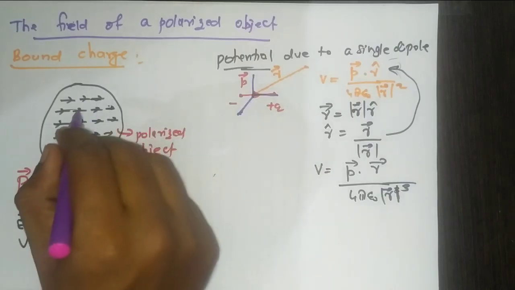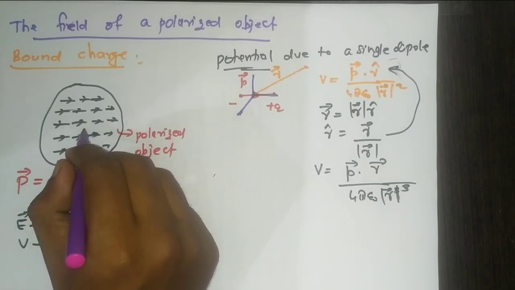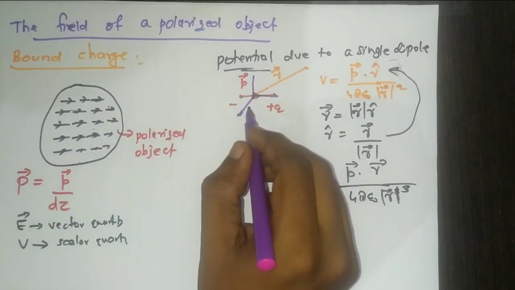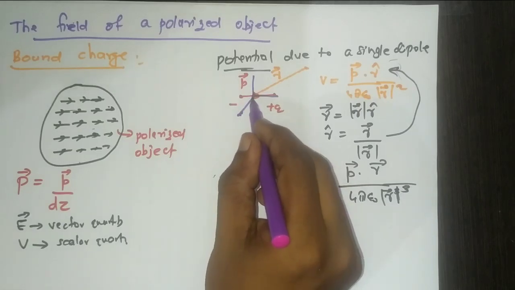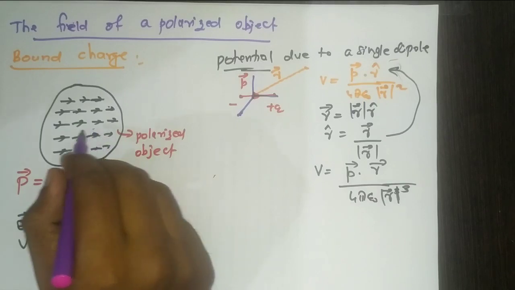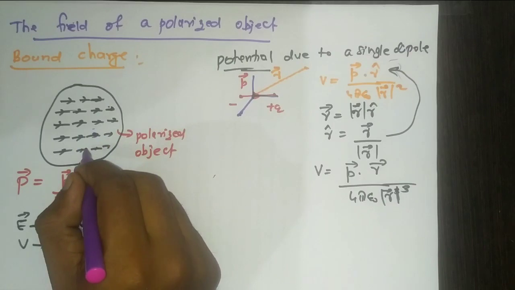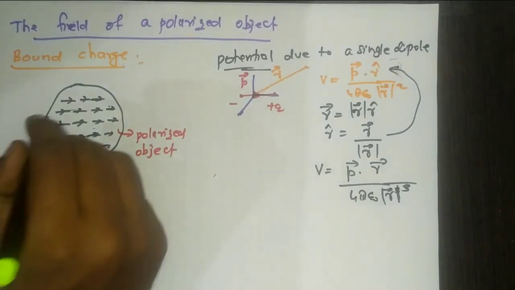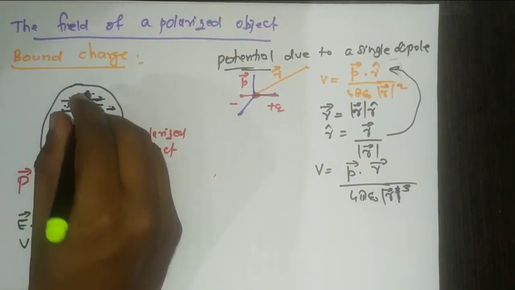But in the case of a polarized object, it consists of a large number of dipoles. So we cannot place the origin at the source point. Source point means here the source is the dipole. So the polarized object consists of a large number of dipoles. Large number of dipoles in the sense, if you take a small volume element, it consists of a large number of dipoles.